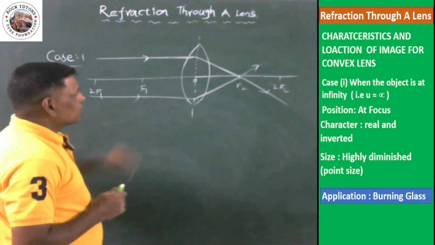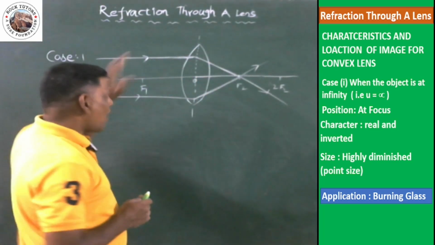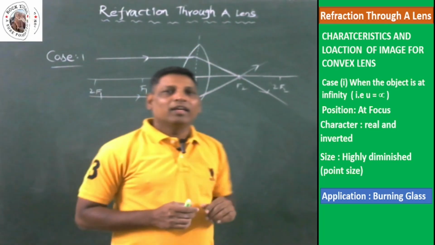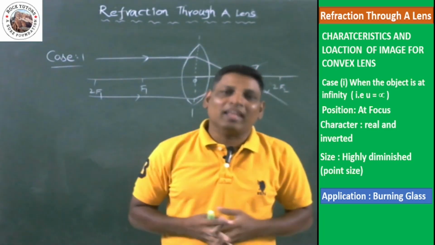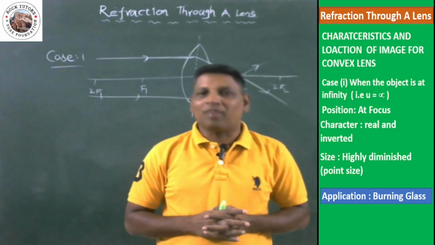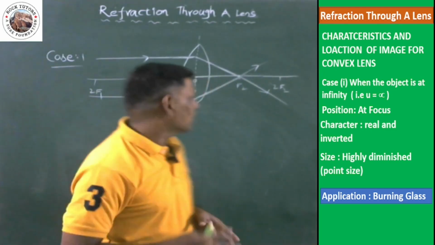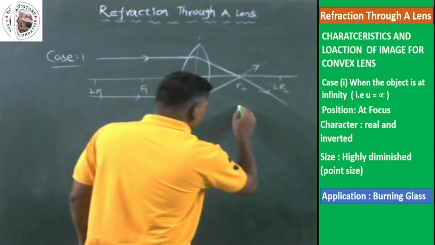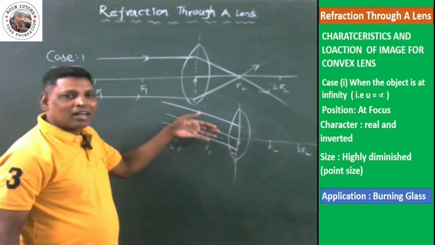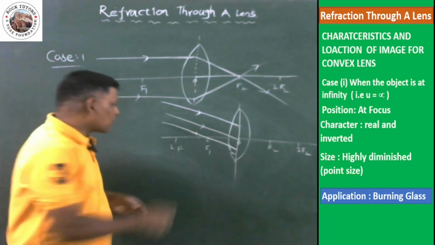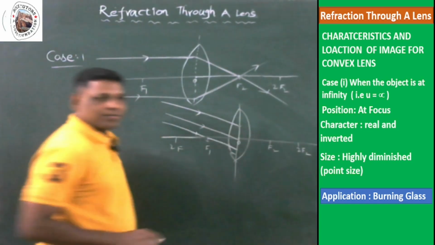Suppose same lens, the object is at infinity only. If the rays are obliquely falling on the lens, then where does the image form? We'll see. Here these rays are parallel but not parallel to the principal axis.